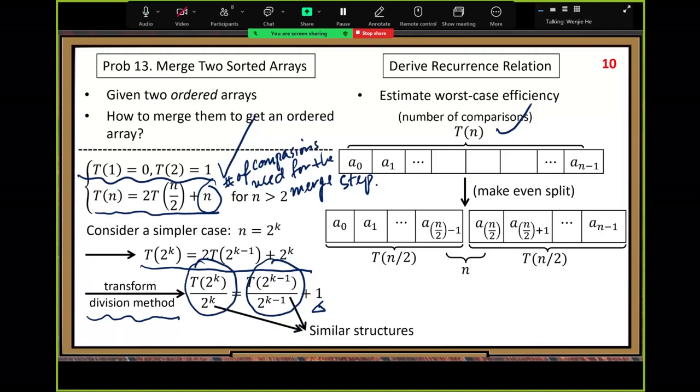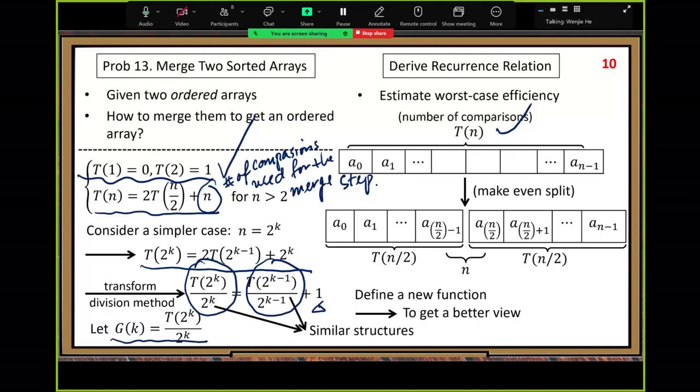So let us introduce a new function to represent the structure. We assume we introduce a new function, g of k equals t of 2 to the k over 2 to the k.